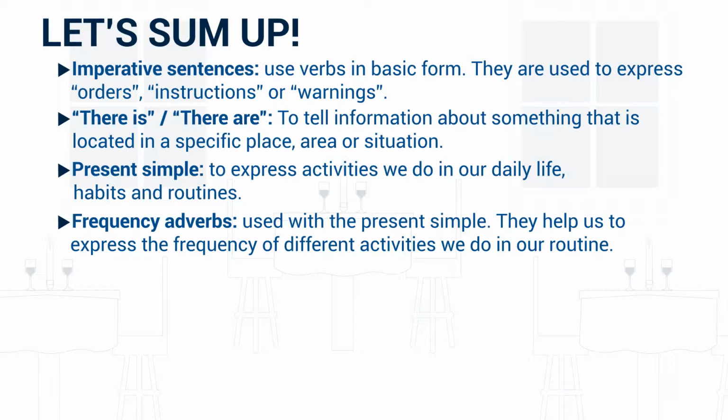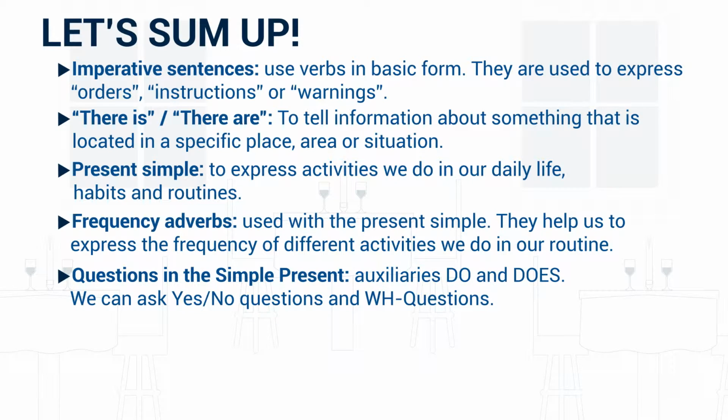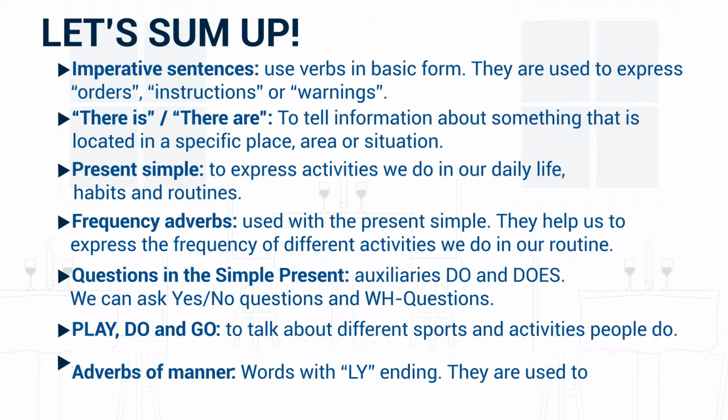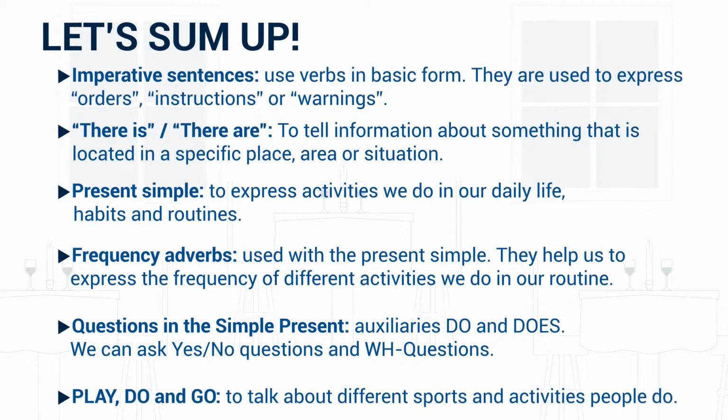They help us to express the frequency of different activities we do in our routine. For questions in the simple present, use the auxiliaries do and does. We can ask yes or no questions as well as WH questions. Use play, do, and go to talk about different sports and activities people do. Adverbs of manner are adjectives with the ly ending. They are used to describe actions.